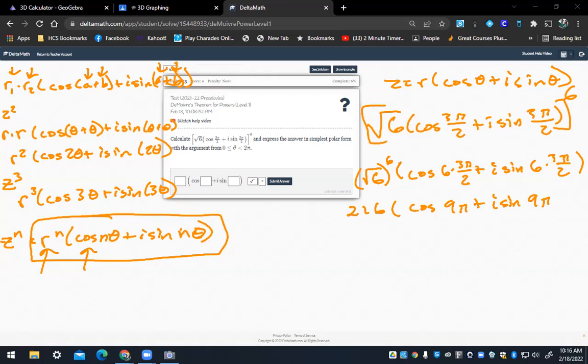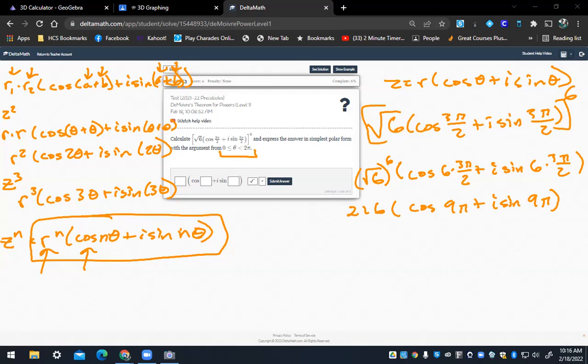Now, there's a problem here. We're told that our argument is between 0 and 2 pi. So how can we make this 9 pi be between 0 and 2 pi? Because 9 pi is too big. Yeah, subtract a multiple of 2 pi.